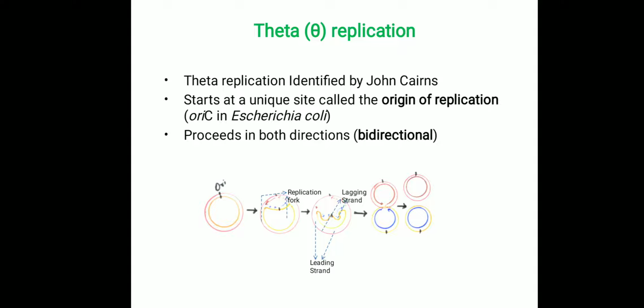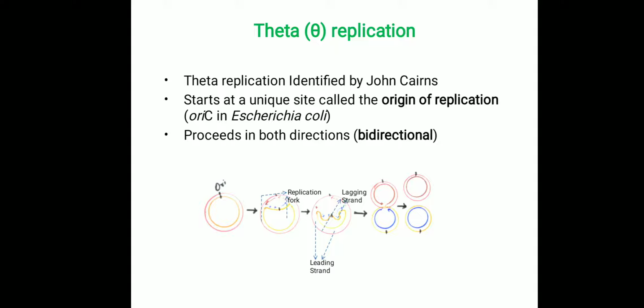Theta replication, identified by the scientist John Cairns, starts at a unique site called the origin of replication, or ORI, and it proceeds in both directions, that means bidirectional. So once the origin of replication is identified, replication forks form on both sides, unwinding the two strands at the site of the origin, and the replication forks proceed in two directions.